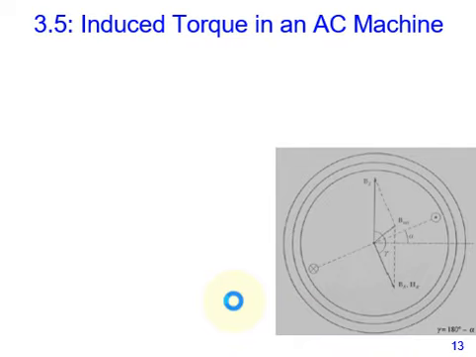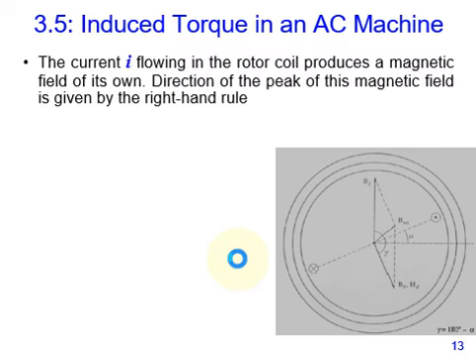This equation can be expressed in a more convenient form by looking at this figure and noting that the current I flowing in the rotor coil produces a magnetic field of its own.